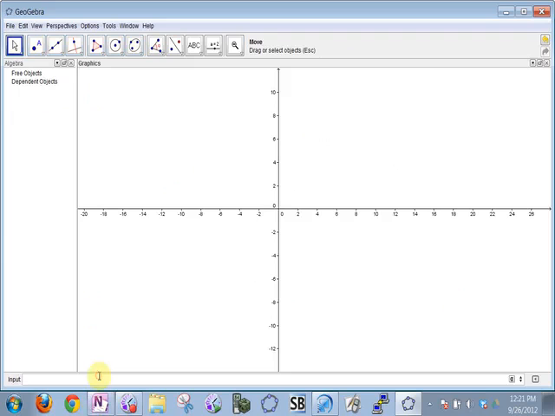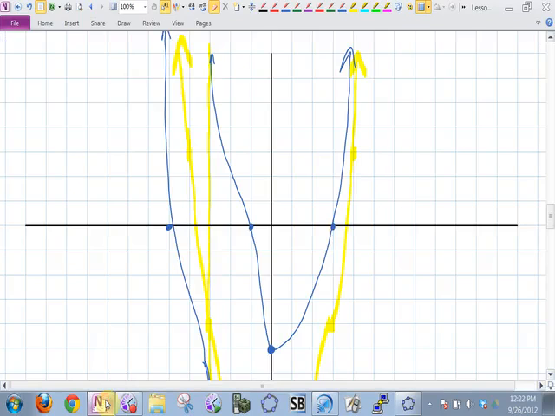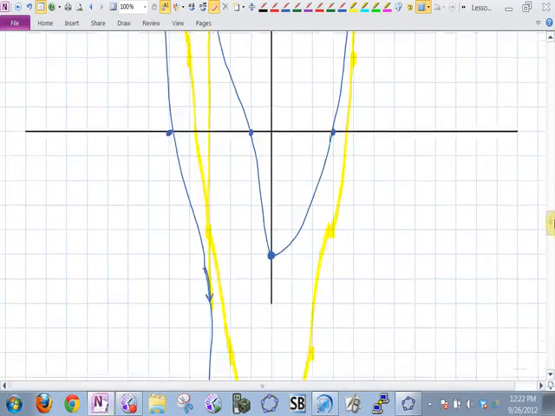Okay, so this was, help me out, x cubed, 3x squared. Yeah, that's pretty much what we got, if you just look at what we graphed in blue. Oh, that's not bad. It's pretty good.